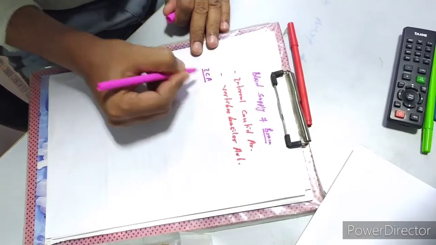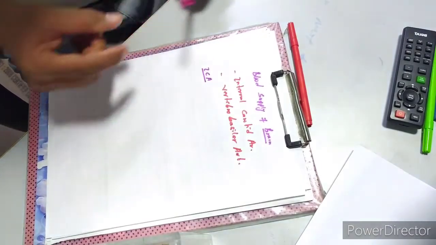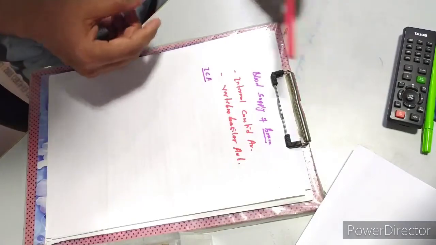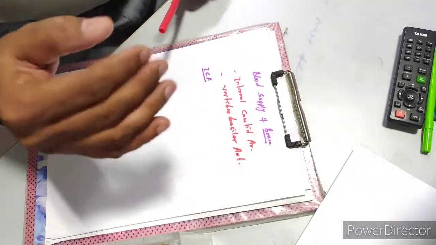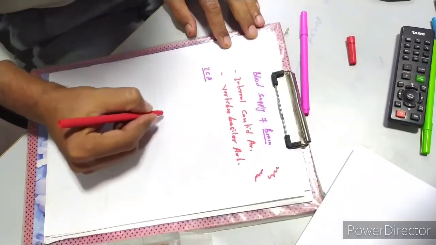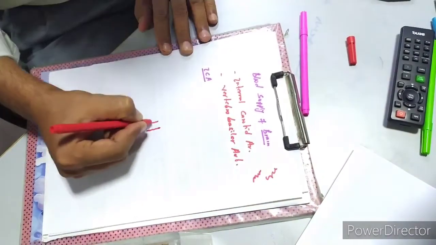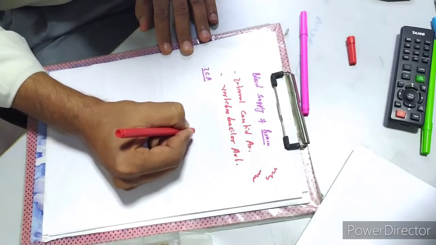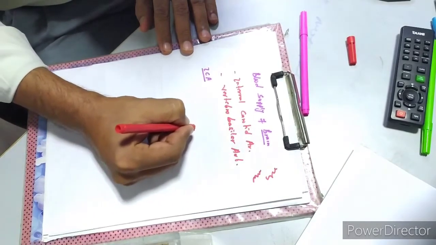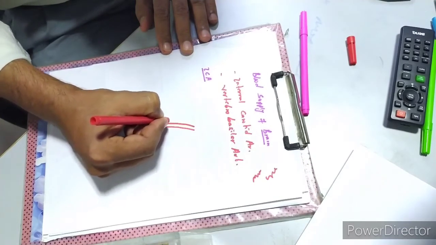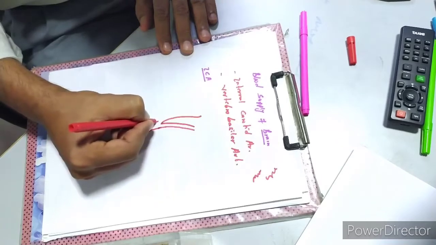Okay, as you know, the internal carotid artery is one of the terminal branches of the common carotid artery, which arises at the C4 vertebral level. So if you draw the diagram, look here. This is the common carotid artery, and here is the external carotid artery, and this is the internal carotid artery.